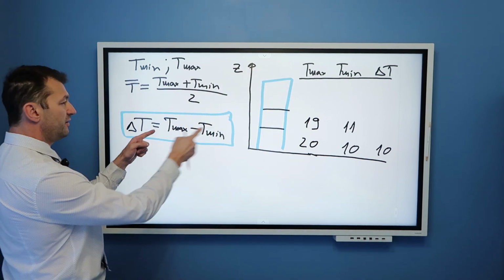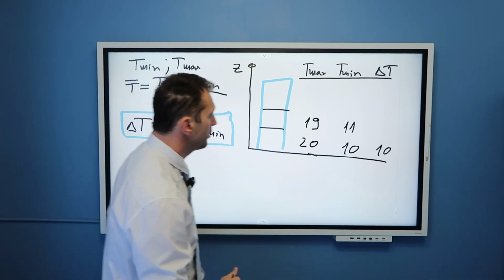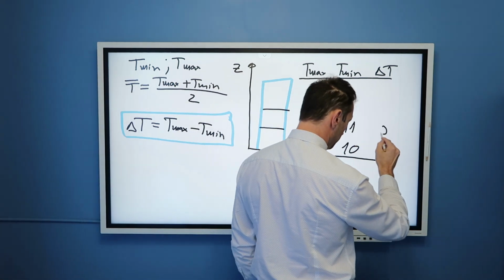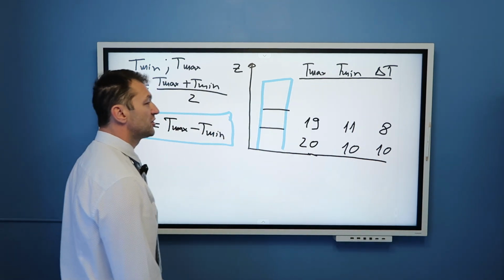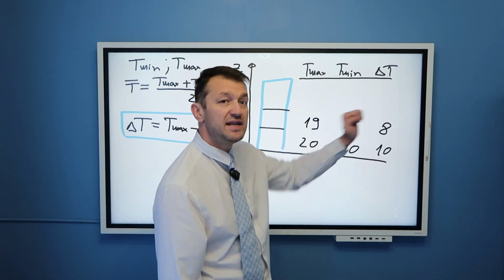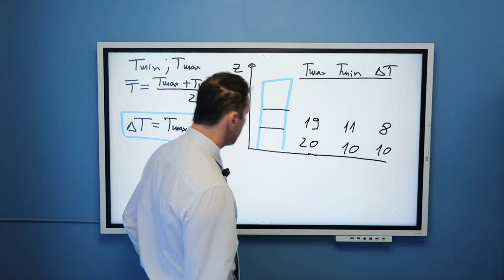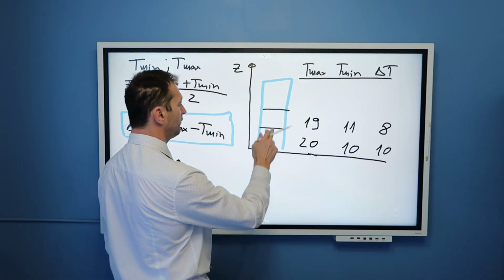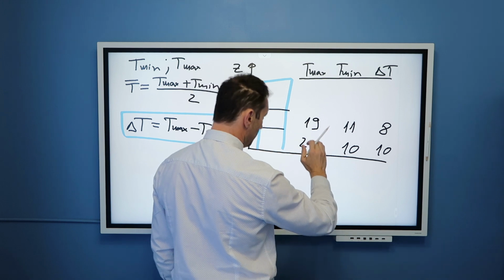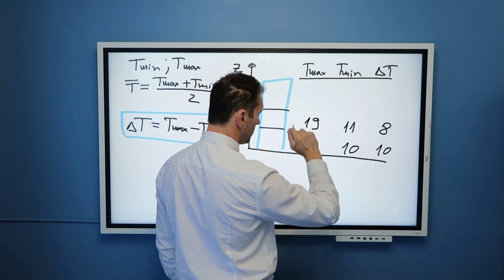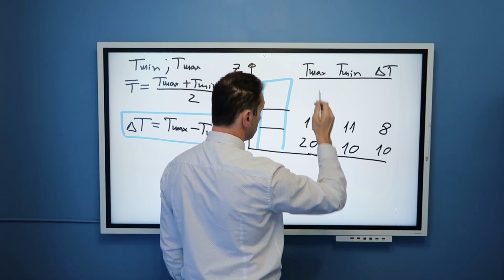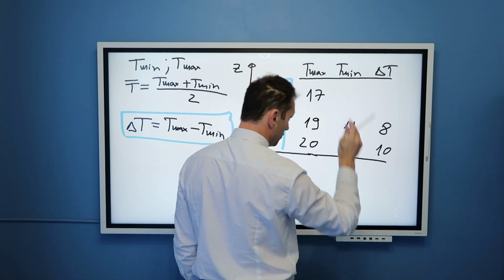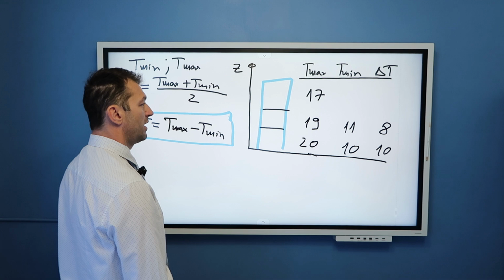Now if we plug in those values in this formula, you will see 19 minus 11 is 8. Temperature variation is 8. It decreased with height. If we would go now to the second floor, ground floor, first floor, second floor, then the maximum temperature will continue decreasing, perhaps dropped by 2 degrees Celsius, I don't know, let's say 17, so we just don't go by one number.